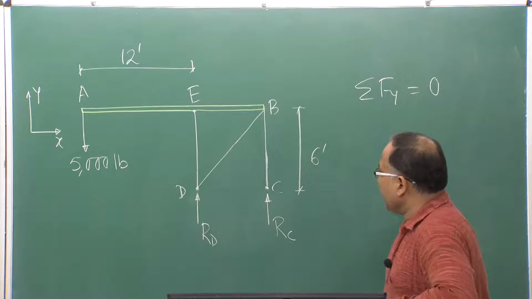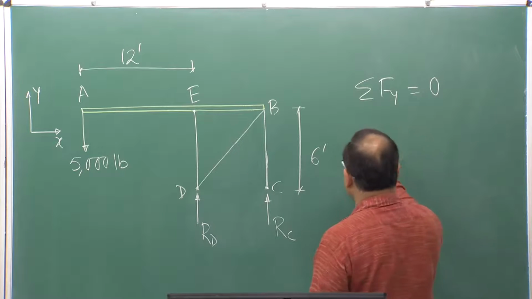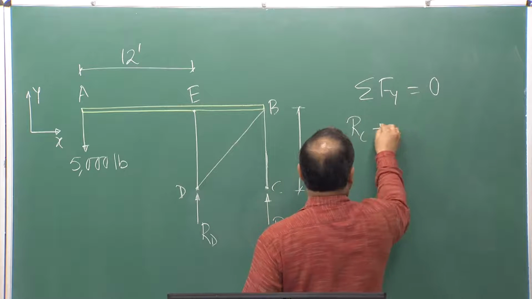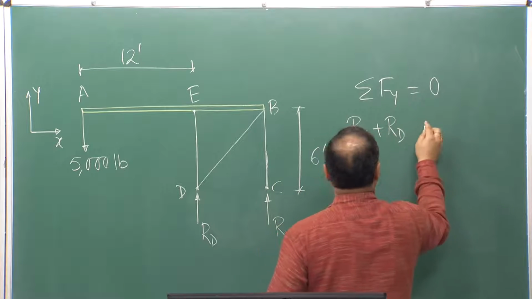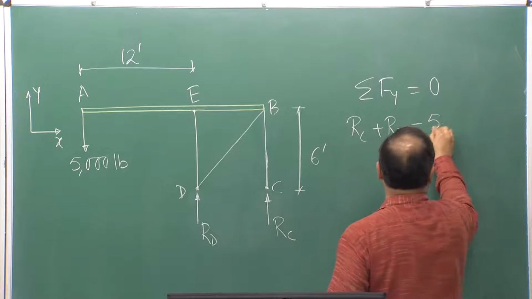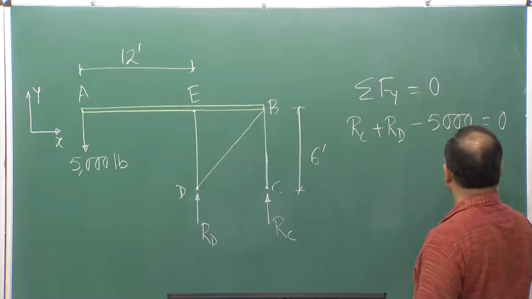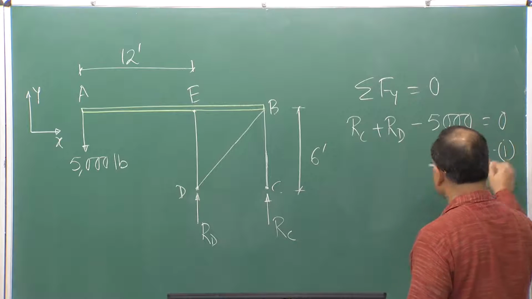So, summation of Fy equal to 0. What are the forces acting? RC plus RD minus 5000 equal to 0, right. This is my equation 1.